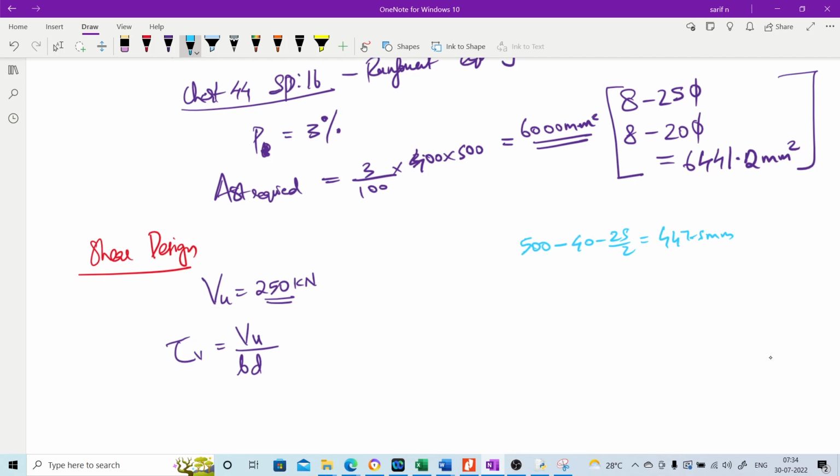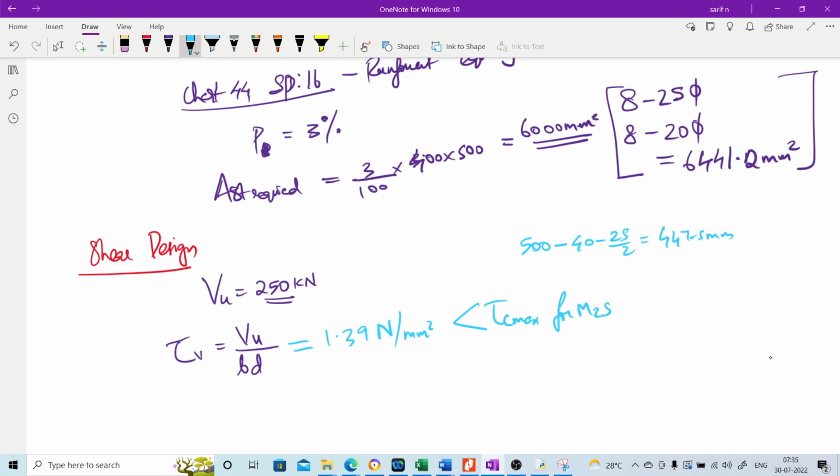So if we calculate VU divided by BD, it is going to be 1.39 Newton per mm square. Now you know this is less than tau C max for M25 concrete.